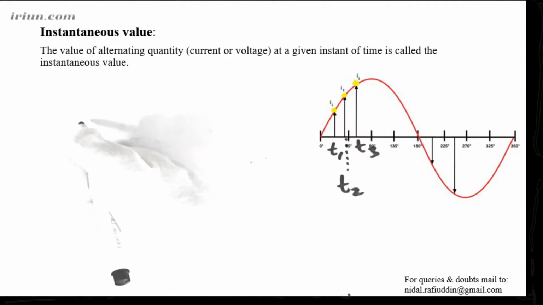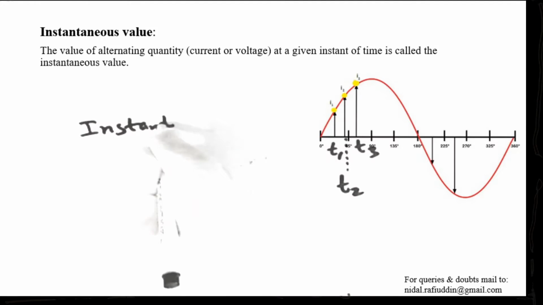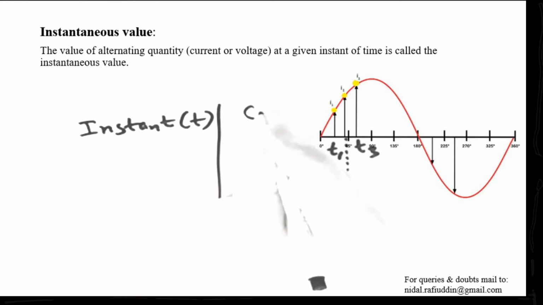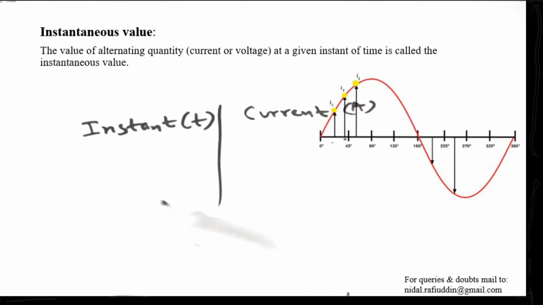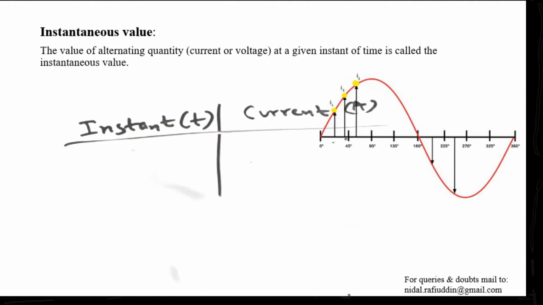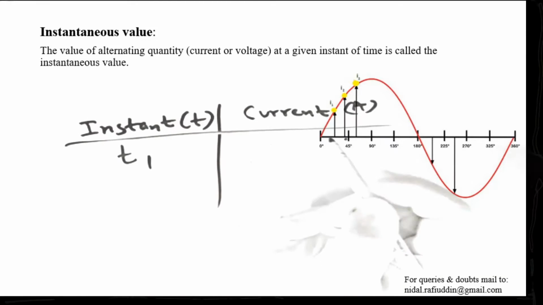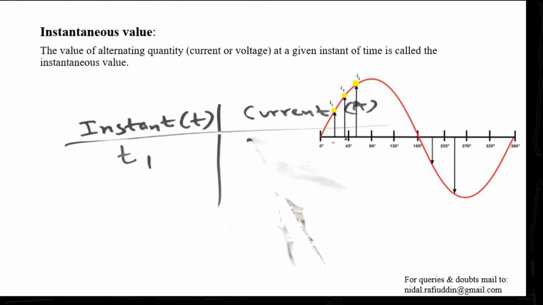So these values are instantaneous values, and they can be tabulated. For example, let's say we talk about the time or the instant t, and we write the values of current in amperes in that instant. So let's say for the time t1, we have the value of current as 2 amperes. For time t2, we have current as 3 ampere.